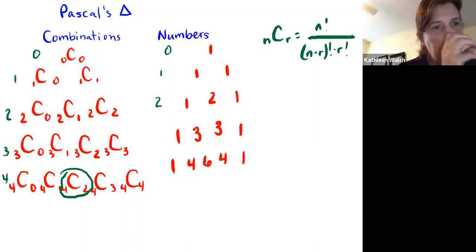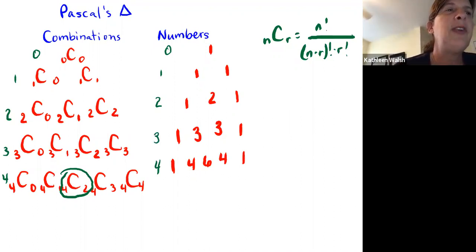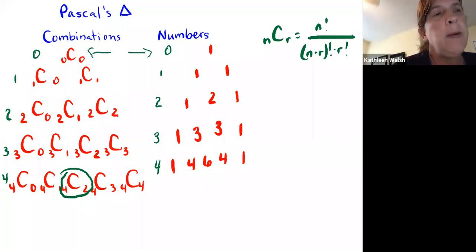And so we're looking at row 4, and I want you to look at how each of these numbers on this side correspond to numbers on that side. So we're going to use one case for example where we have the combination formula C(4,2), where 4 is my n, that's the number of distinct objects, and r is the number of objects taken from those distinct objects. That's what my r stands for.